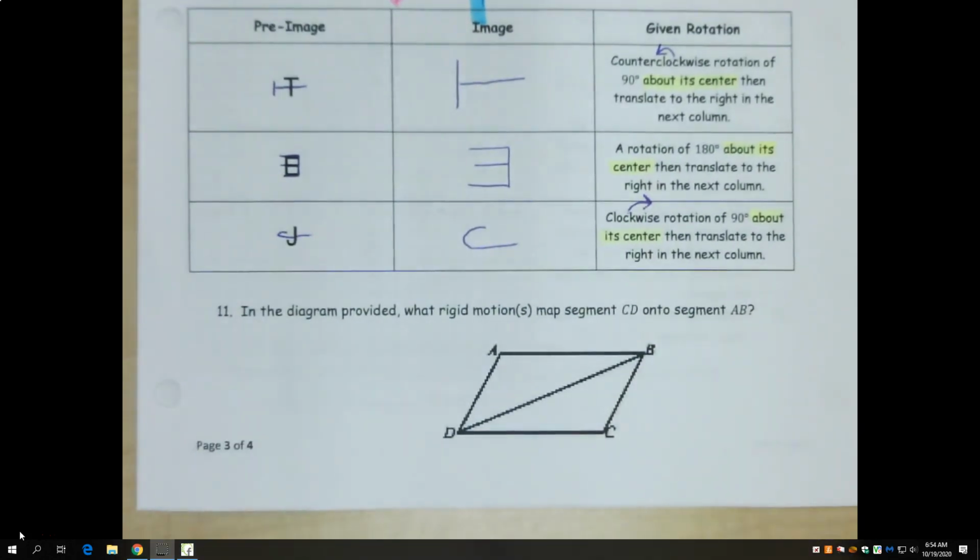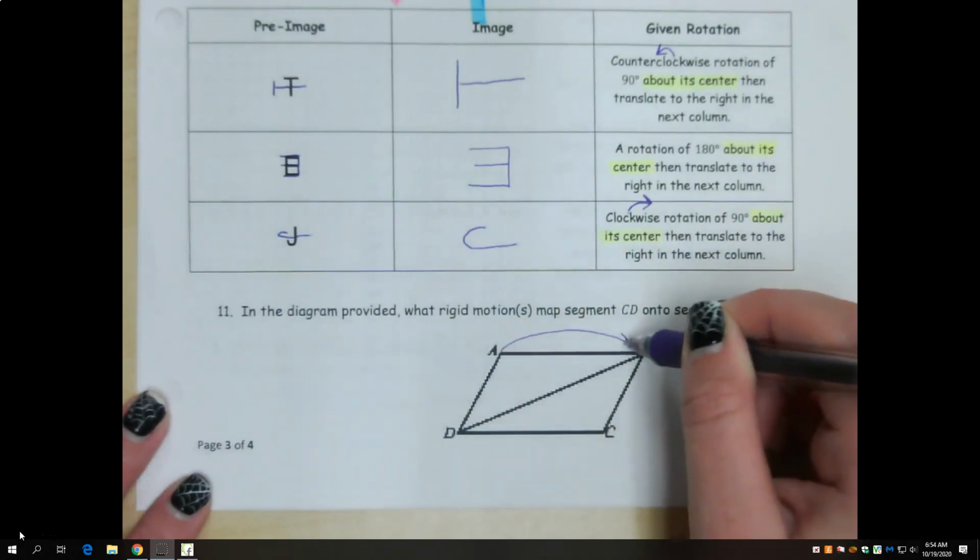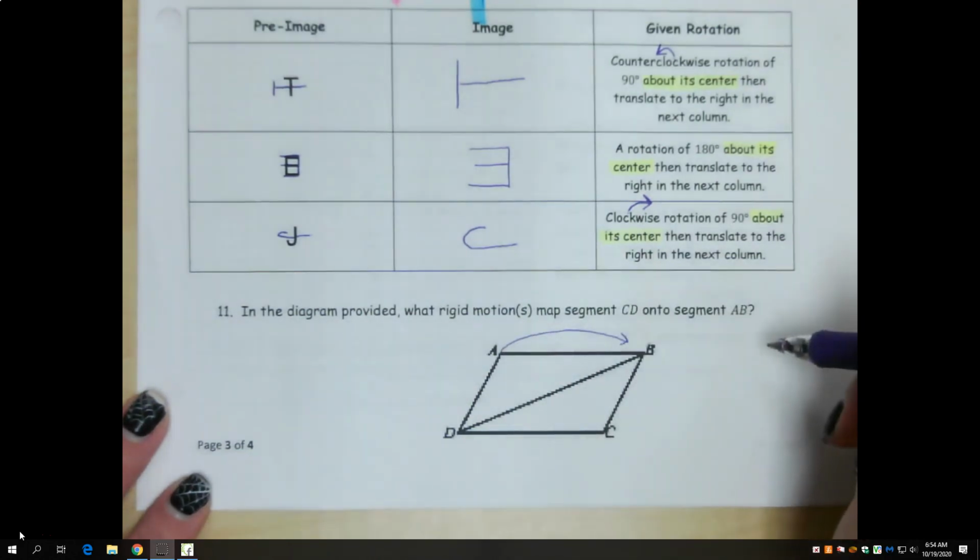It says in the diagram provided, what rigid motion or rigid motions is going to map segment CD onto segment AB? All right, so again, I like to just follow the order of the letters here so that I can see what's happening. So I'm going to just go in alphabetical order. As I move from A to B, I can see that this is moving clockwise.